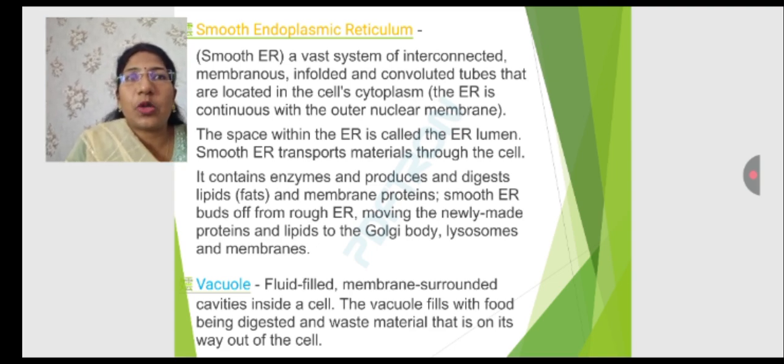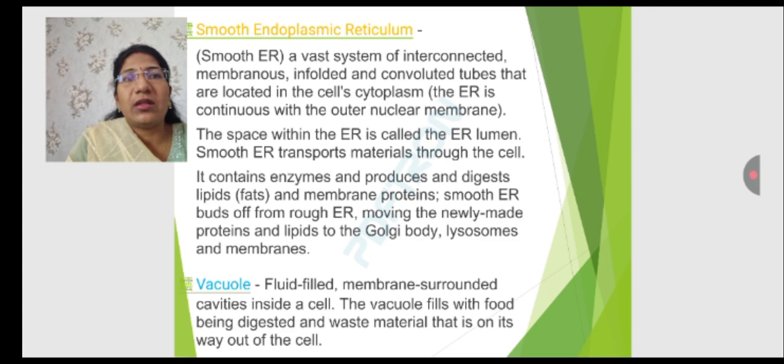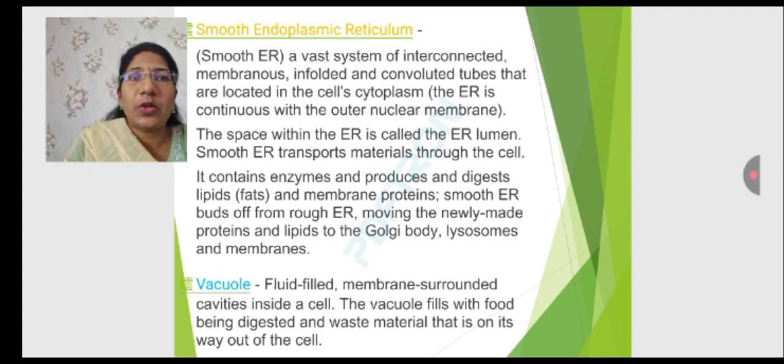Then another one is the smooth endoplasmic reticulum. This is a vast system of interconnected, membranous, infolded and convoluted tubes located in the cell cytoplasm, continuous with the outer nuclear membrane. The space within the endoplasmic reticulum is called the endoplasmic reticulum lumen.